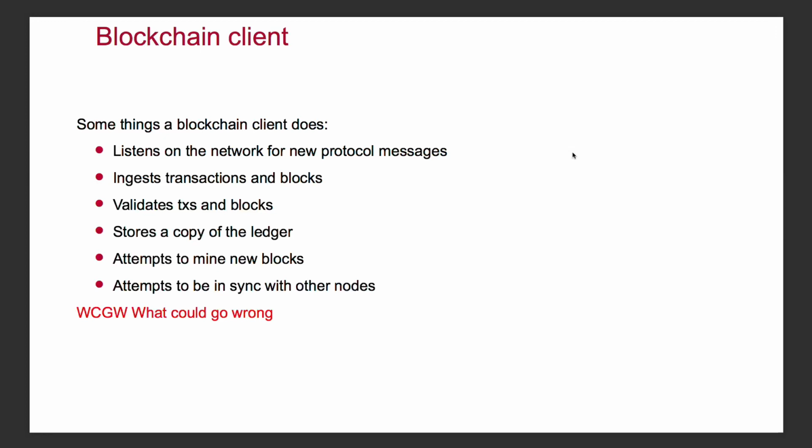They contain the capability to mine new blocks, and they do that if they're full nodes. They also try to stay in sync with other nodes. Every node should see the same ledger as the other nodes. So there's this distributed idea of what the current ledger is, and it's consistent over all nodes. This is a complicated list of tasks, and if someone tries to do all this, it's likely that some mistakes will creep in.